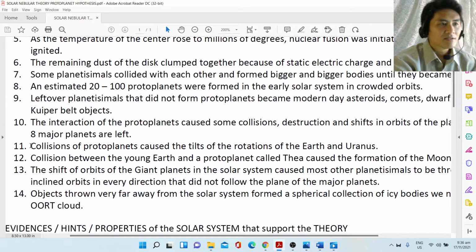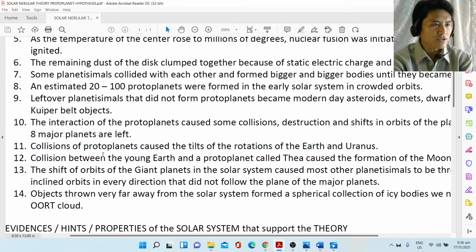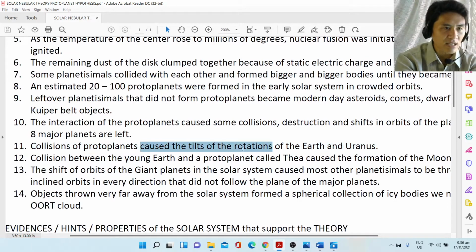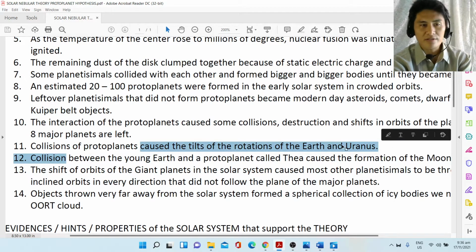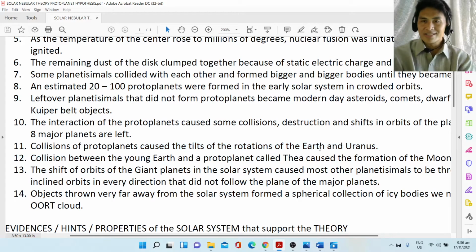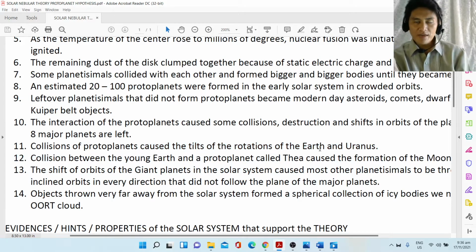For example, number 11, collisions of protoplanets cause the tilt of rotations of Earth and Uranus. You see, when the blob of particles rotated like this, guess what? When a planet is formed, its rotation should also be like that.